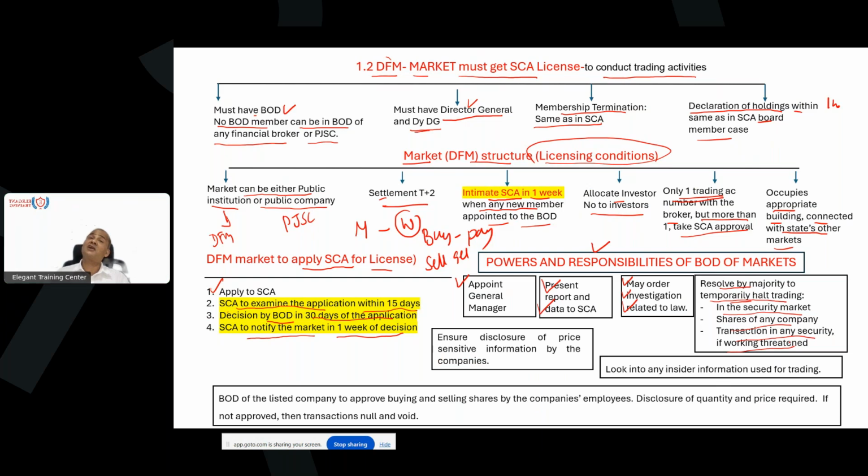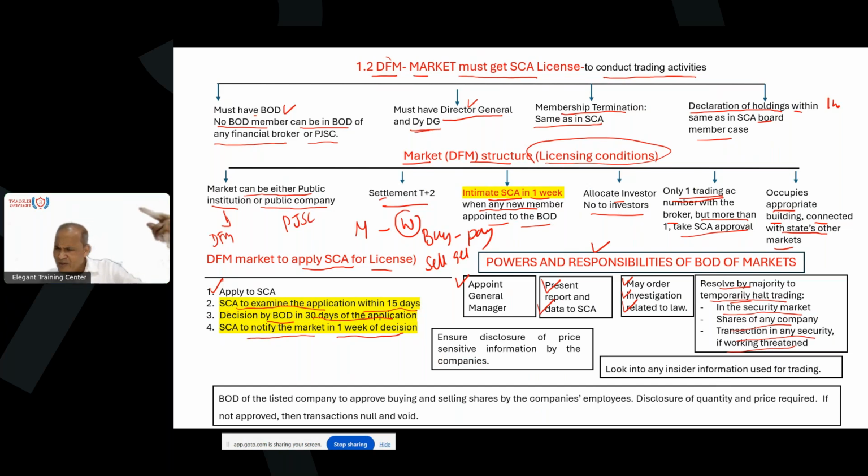Please understand. So a temporary halt of trading can happen because of any threat to the market, right? And a temporary halt can happen for three things.